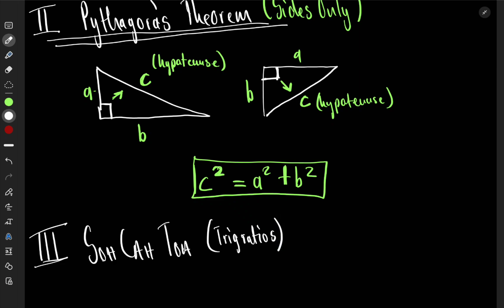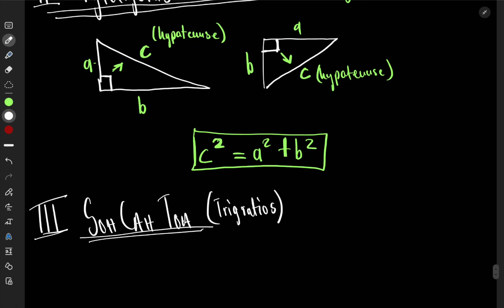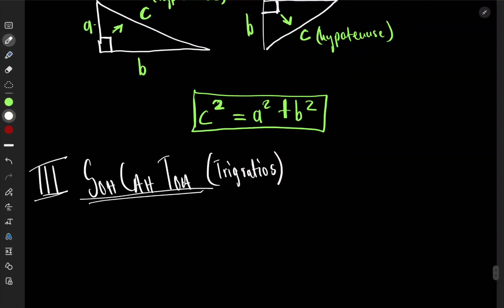In this one, what we are going to do is find, you'll be getting, I'm going to put in green, one side and an angle. So you get a side and an angle.